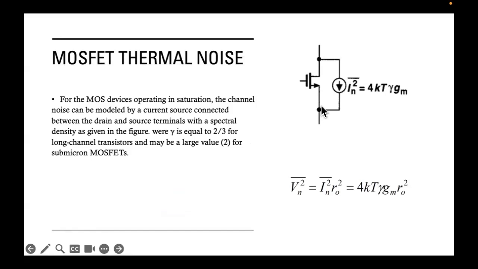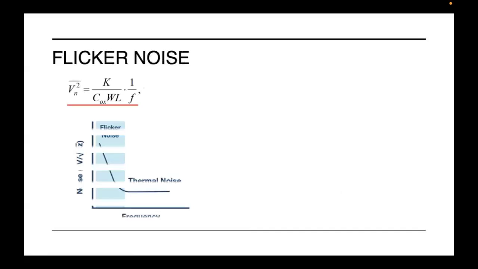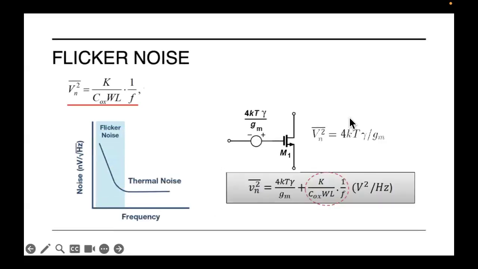So in order to make a summation between these two parameters, we have to make what we can call a transferring, either to transfer this from the drain source side to the gate source side, or transfer the flicker noise from the gate side to the drain side.